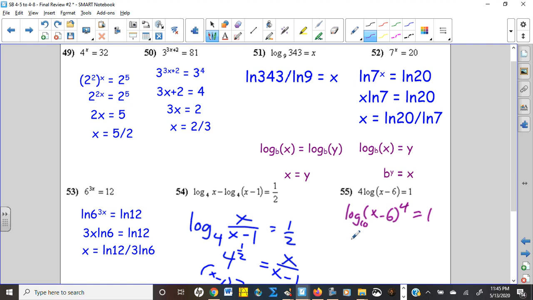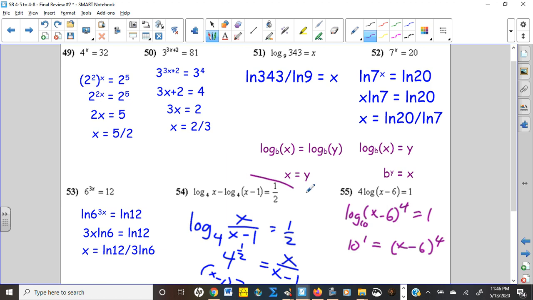So what we're going to end up with here is 10 to the 1st power is equal to (x minus 6) to the 4th power. Then, just looking at the fourth power, I don't think we want to multiply out x minus 6 to the fourth power. I think that would be a terrible, terrible idea. So I think what you're going to want to do is take the fourth root of both sides.